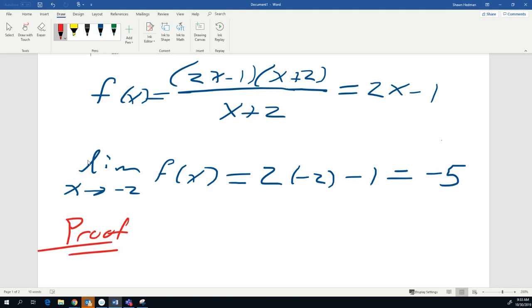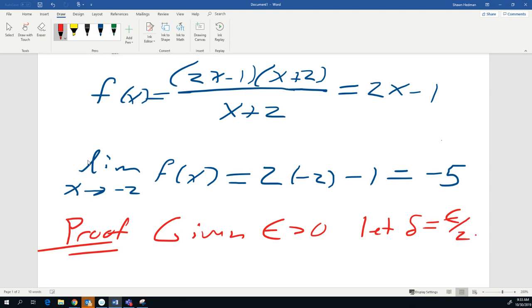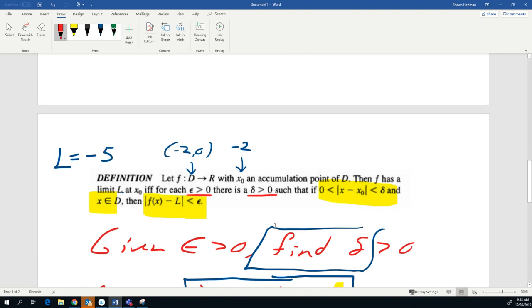So I'm going to start by saying, given epsilon bigger than 0, and I'm just going to say what delta should be. Let delta be epsilon over 2. And I'm going to prove that this works. And what it means to work is, if this if part's true, then the then part's true also.